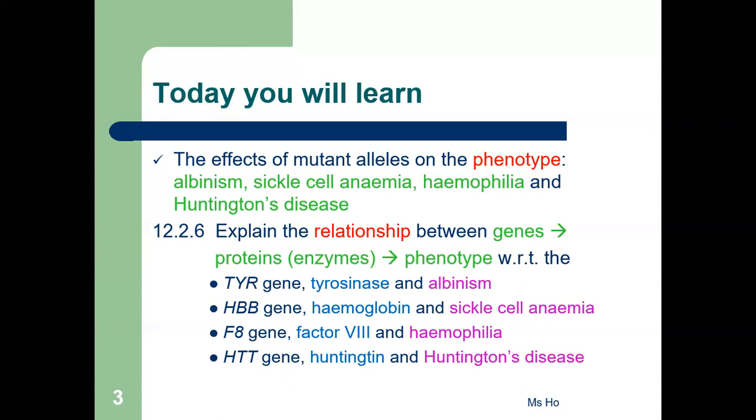And the HTT gene codes for Huntingtin protein. HTT stands for Huntingtin, leading to Huntington's disease if there's mutation. So this is very interesting. So we're going to look at this one.